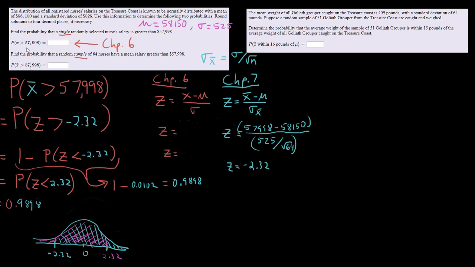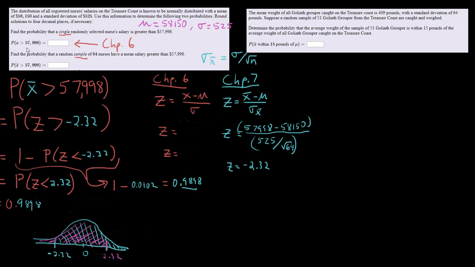When you're talking about $57,998 or more, basically that's a little bit lower than average, or everything above. So that's why our answer is 0.9898, because when you ask yourself what's the probability of having a little bit below average salary, an average salary, or above, that's pretty much everybody. And that's why you have the large answer here close to 1.